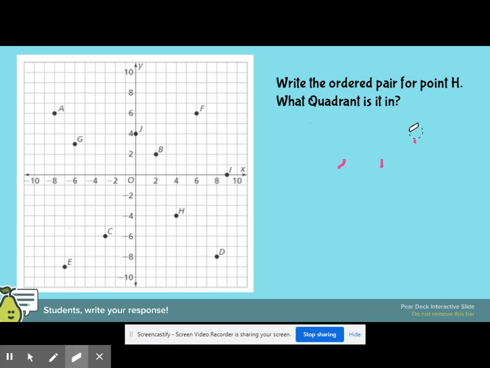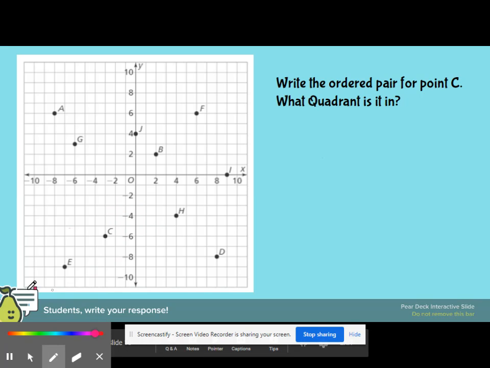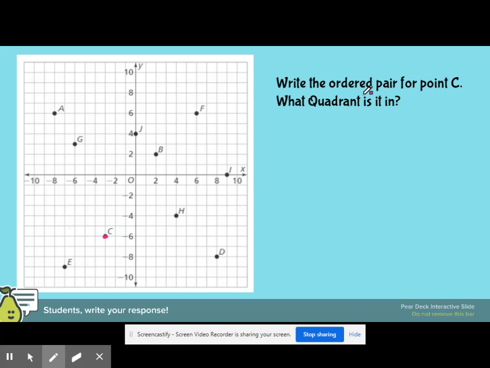Okay. The next one, find C. C is right here. Find the location for C and the quadrant, please. Okay, C goes backwards 3, so it's negative 3.